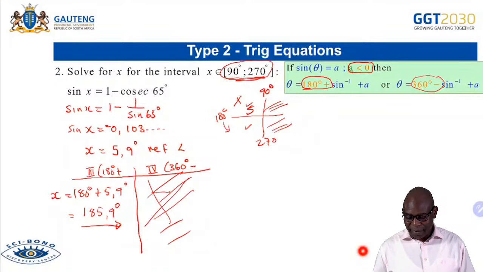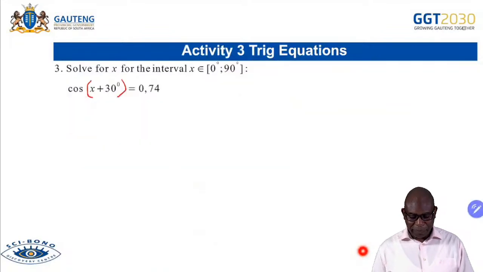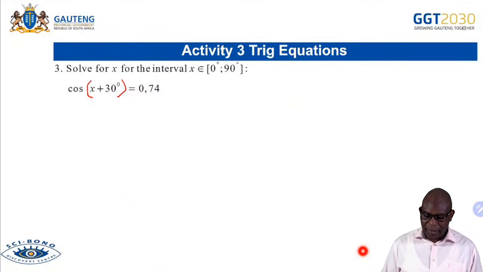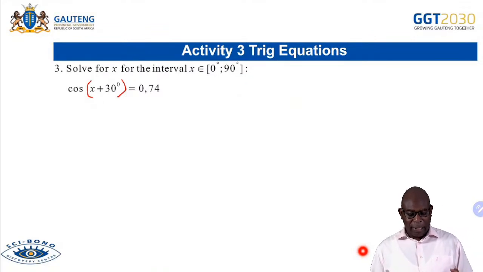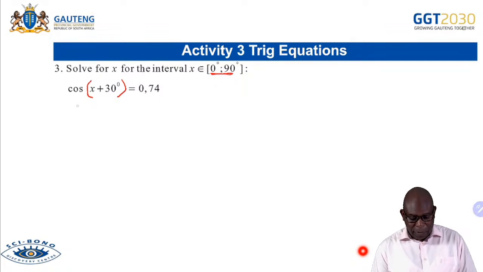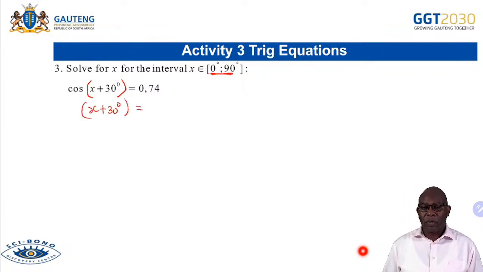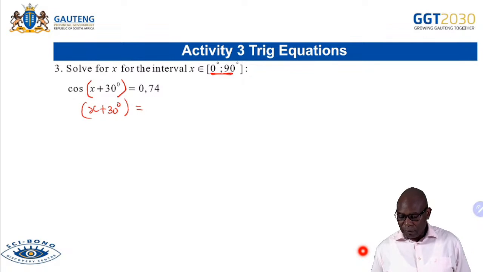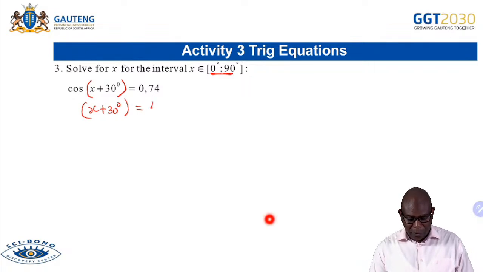Okay. Right. Type 3, if I've got an angle here, so can you see we have x plus 30. Now see again here, the interval is 0 to 90 degrees. So which means my x plus 30 degrees equals, I go shift cos 0.74, and I think I got 42.3 degrees there.